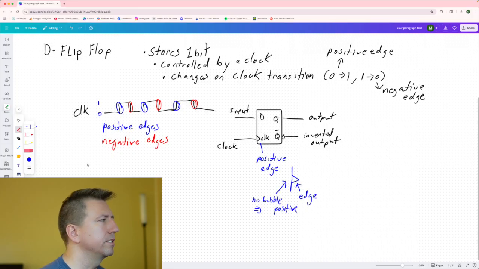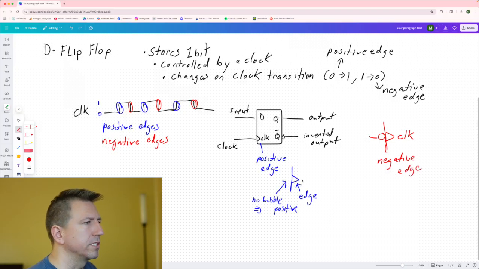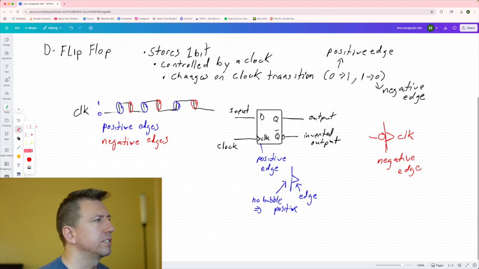We could have a situation where it looked like this, and this would be a negative edge. So that triangle represents that it's an edge trigger. The no bubble here says it's a positive edge, so this is a positive edge triggered D flip-flop, and that means it transitions on these blue edges of the clock that's coming in.